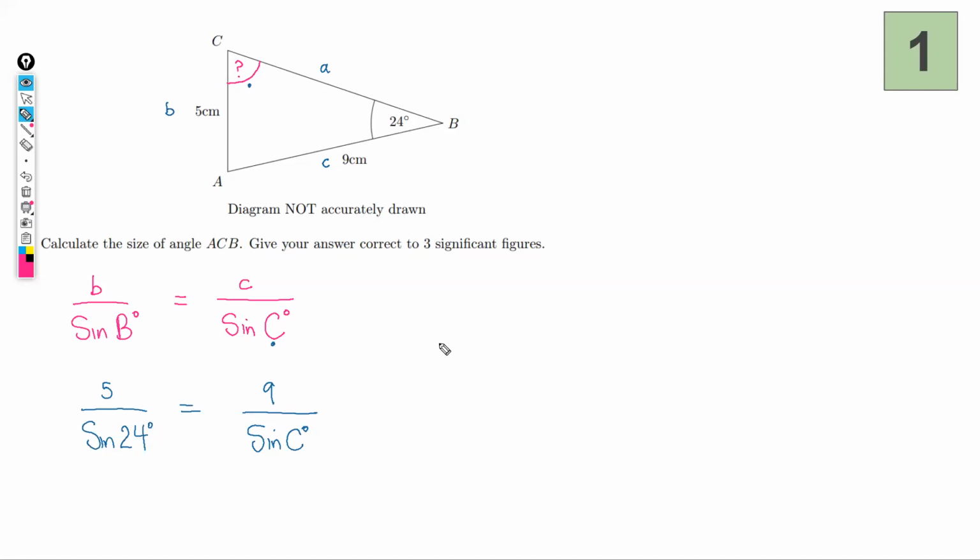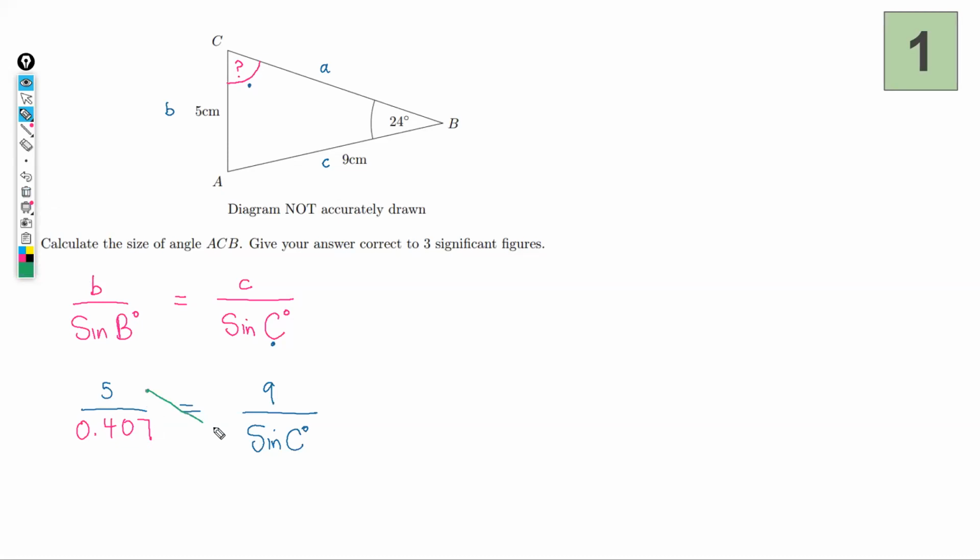And if I go to 3 decimal places properly, when you press sine 24, most of you will see 0.407. You'll have to round the 3rd decimal place off properly. We're trying to go to 3 decimal places, but our final answer will be to 2 decimal places. So let's cross multiply. Shouldn't be too hard from here.